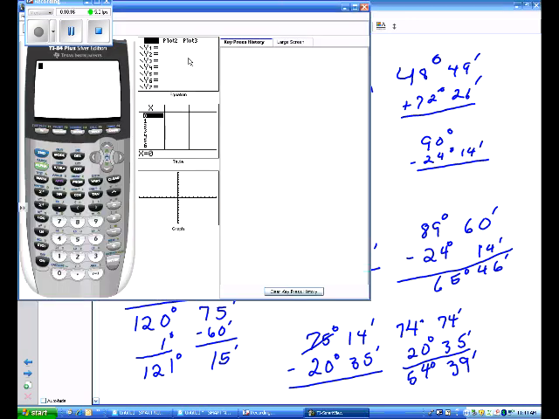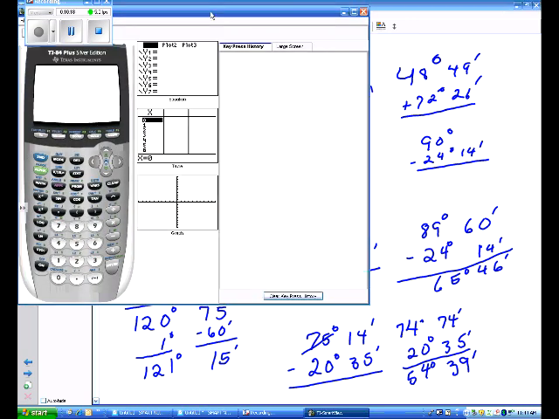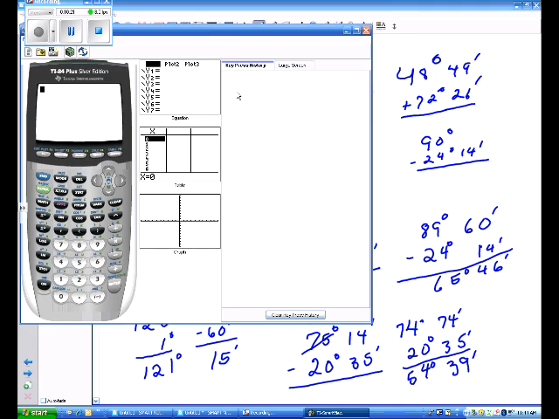Now, as you work with this on your calculator, there's actually a degree mode and a radian mode. If you're using the symbols, it really doesn't matter which mode you're in, but it's often wise to change your calculator to the degree mode if you're going to be working in degrees, because a lot of times we don't end up putting that degree sign, and so we want it to be understood.